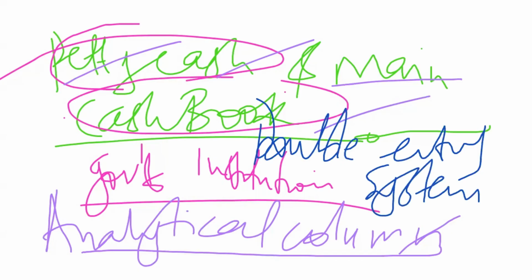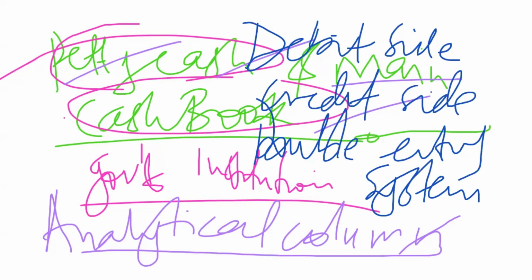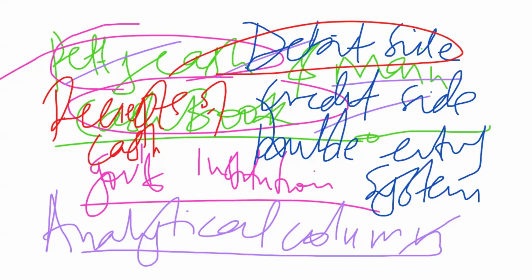The Petty Cashbook follows a double entry system where it has the debit side, and it also has the credit side. On the debit side, of course, this debit side will always have the receipts of cash.